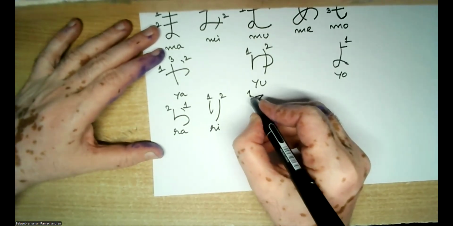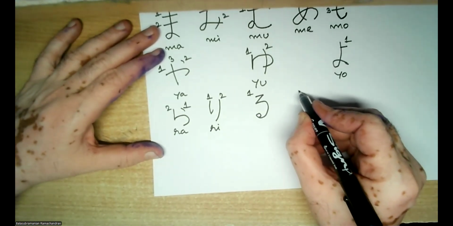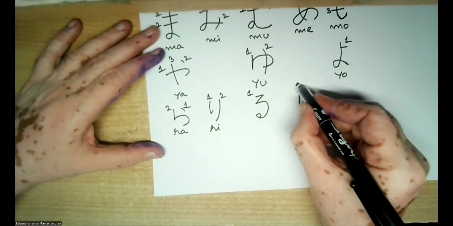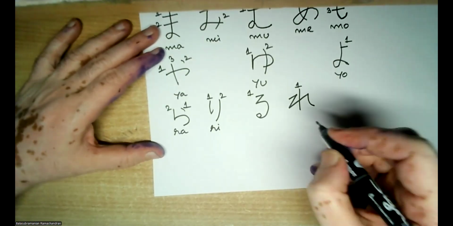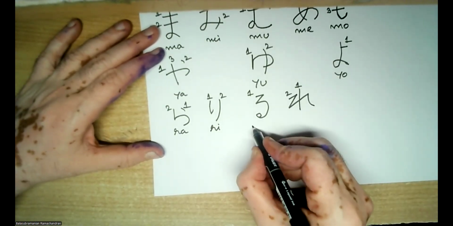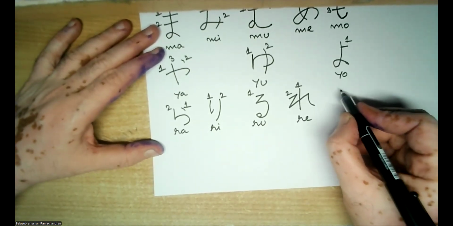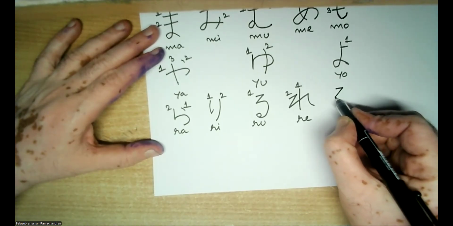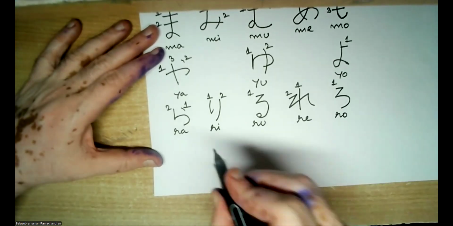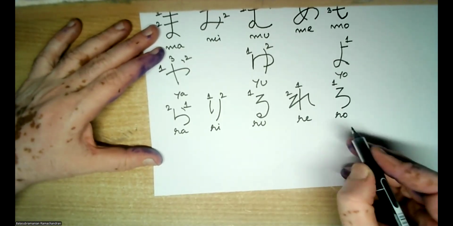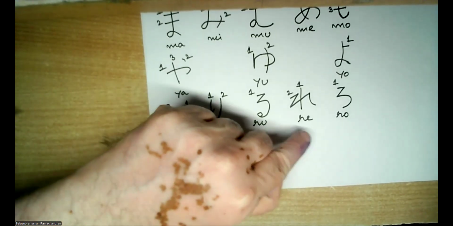Re, two strokes, and again you have a Z-like shape. Ra, Ri, Ru, Re. And we have the final letter of the series, Ro, a single stroke. Ra, Ri, Ru, Re, Ro.